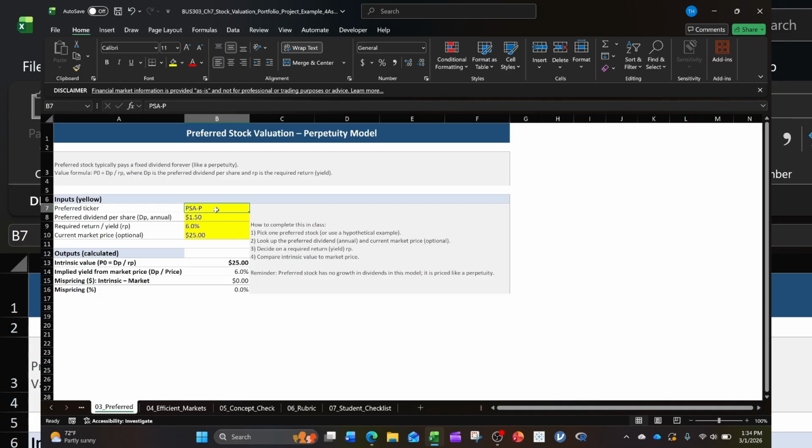There's typically no voting rights with a preferred stock. It pays a fixed dividend, often higher than common stock. It has a par value. It's sensitive to interest rate changes, so if the price falls, it's because the rates went up, and vice versa.